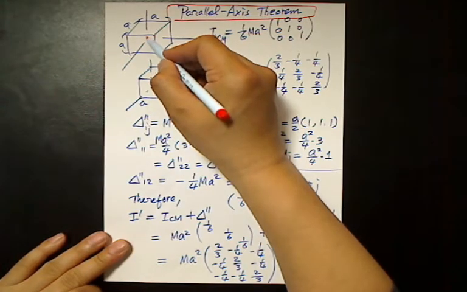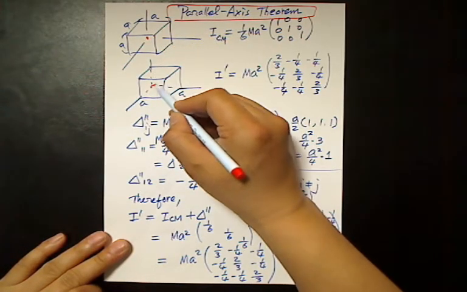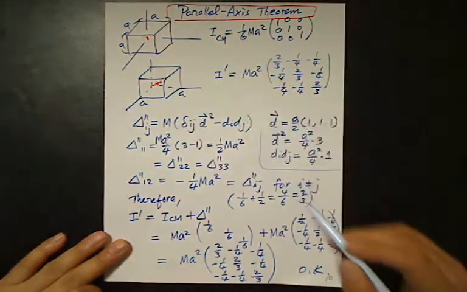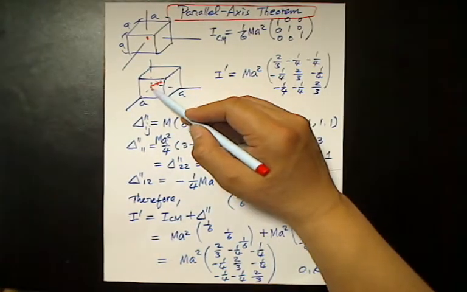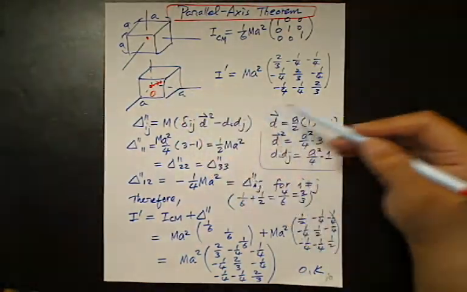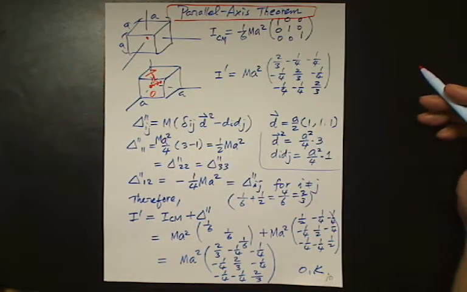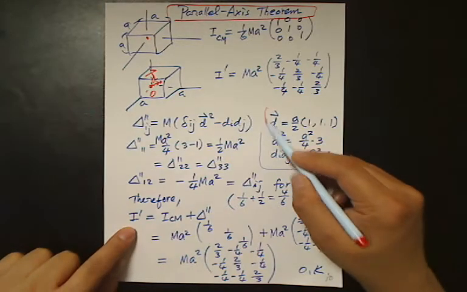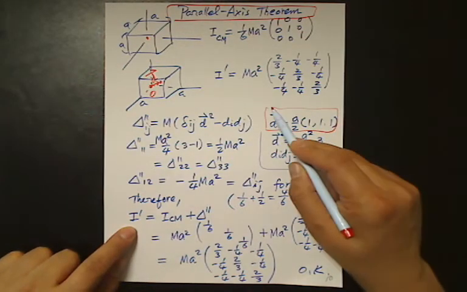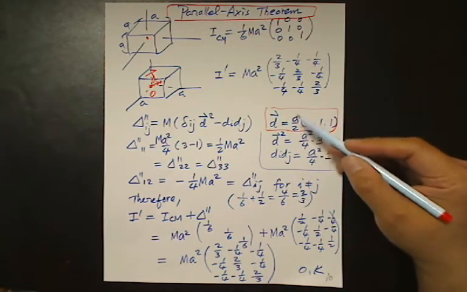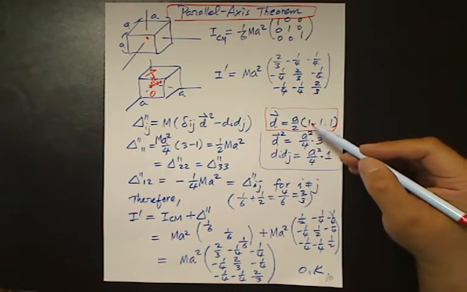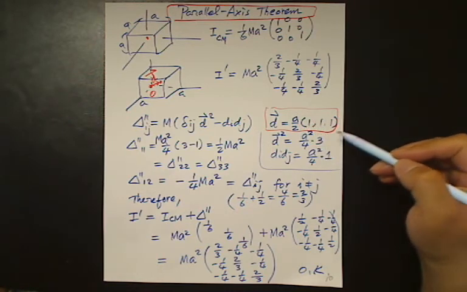the center of mass is here. The center of mass is now moved to the central point, but the origin is in here. So we have the d vector like that. That d vector is just 1/2 of a multiplied by 1, 1, 1.